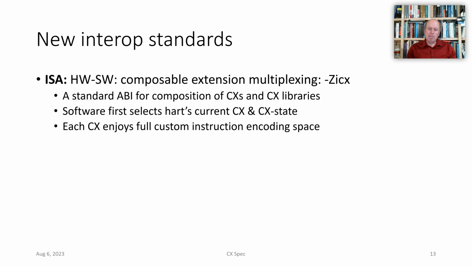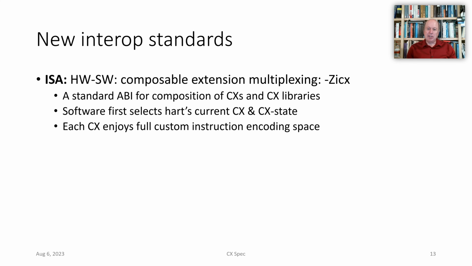Somewhat unusually, we propose two interop interface standard layers. Up in the ISA hardware-software interface is composable extension multiplexing, which we'd like to call Zicx. That would be a standard ABI for composition of extensions and libraries that first selects the hart's current extension and state context prior to issuing its custom instructions.